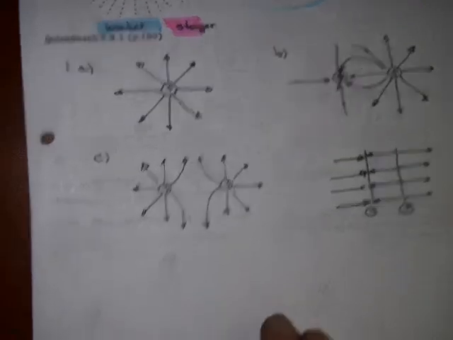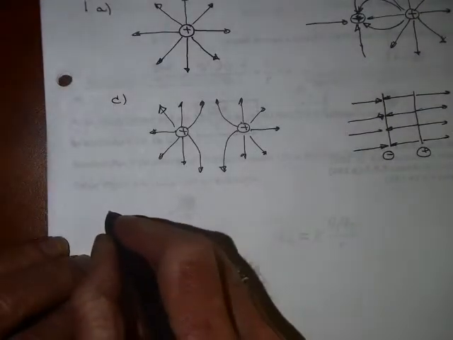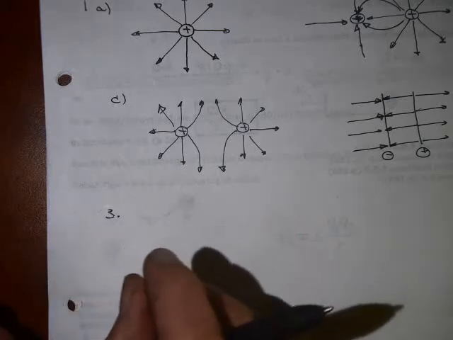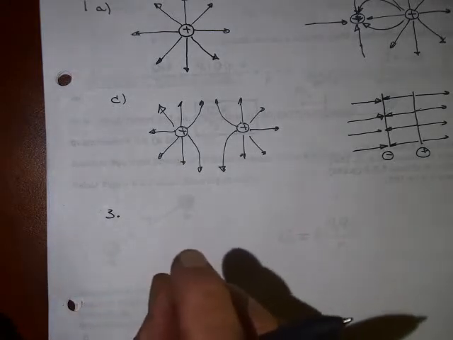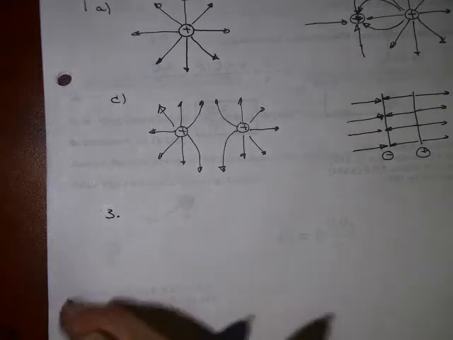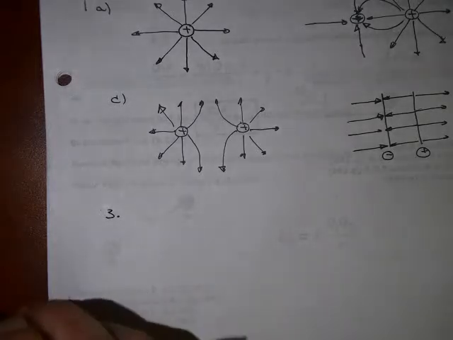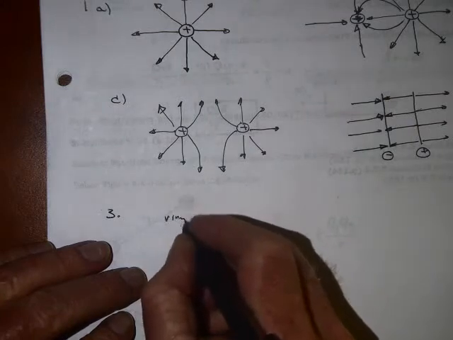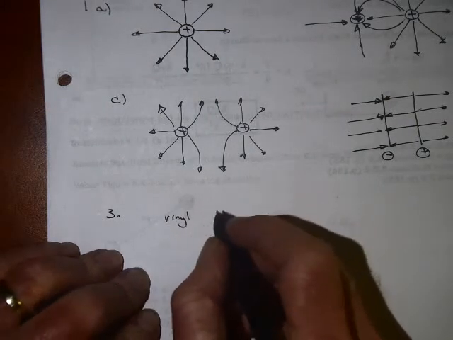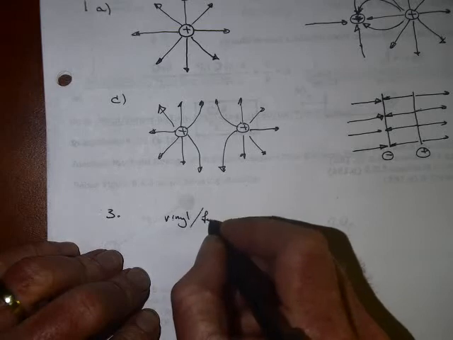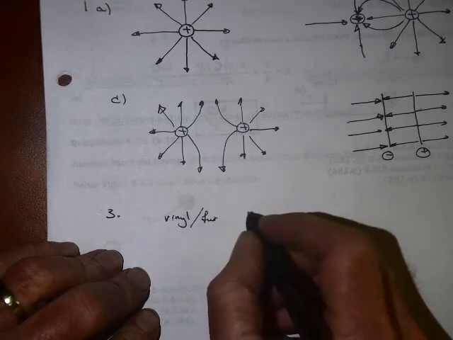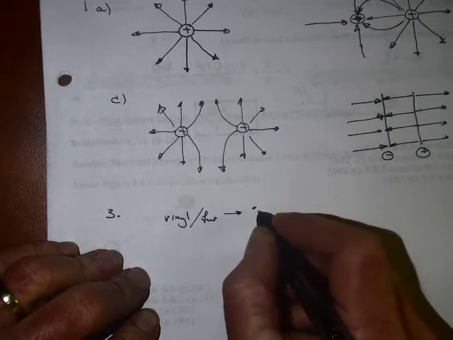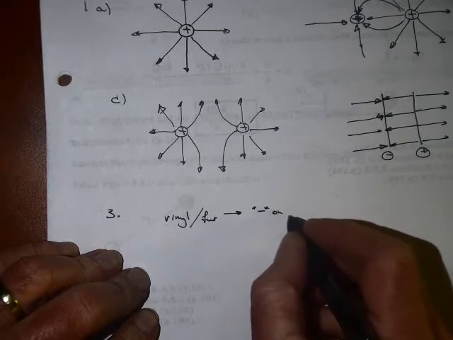So in number 3, what you have to do is go back to the triboelectric effect to see what happens if you rub these pairs together. If you rub vinyl and fur together, this leads to a negative charge on the vinyl.